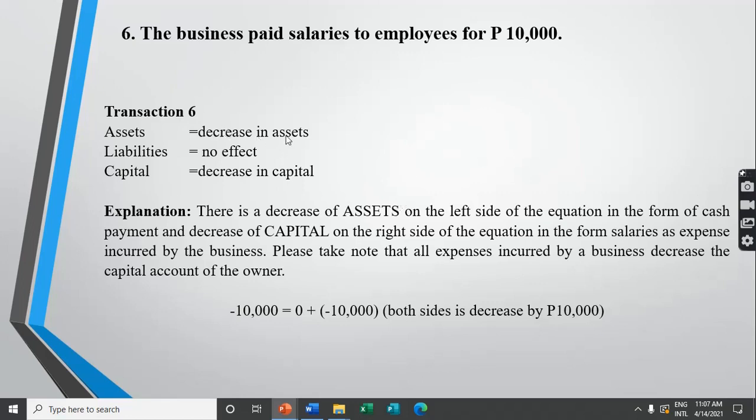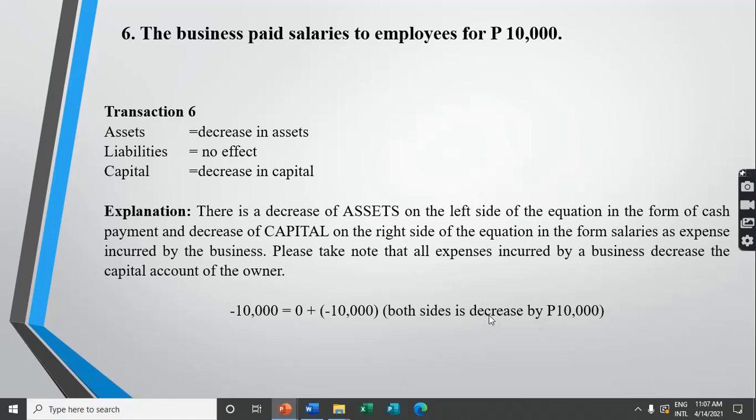So, decrease in asset. Meaning, nagbawas ka ng cash mo. Liabilities, wala mo namang utang dyan. Wala namang nabanggit na utang, di ba? And then sa capital, a decrease in capital din. Kasi nagbayad ka nga ng salaries of your employees. Okay, both side is decrease.